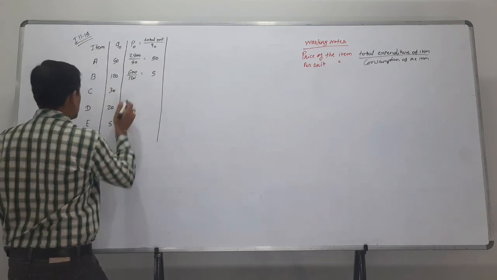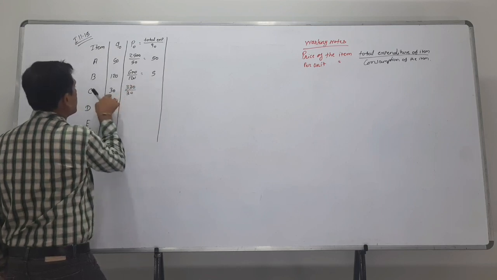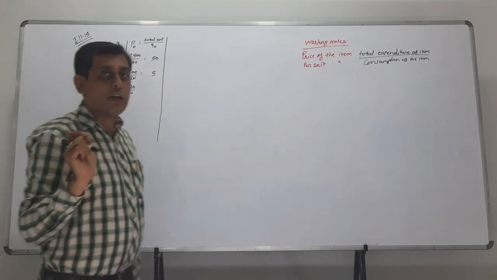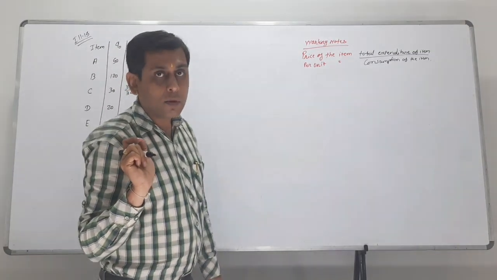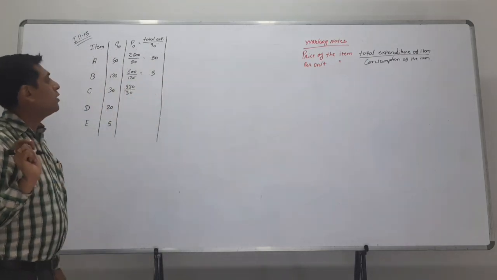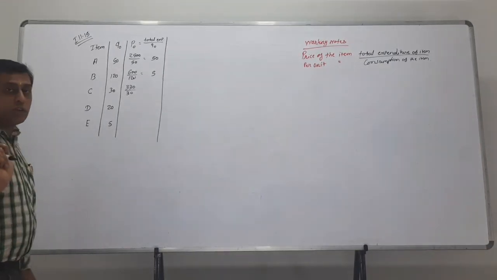Next one is 330. 2500, 600, 330, all are the total expenditure, and we have to divide by the quantity, right? And then we can find out the P0.